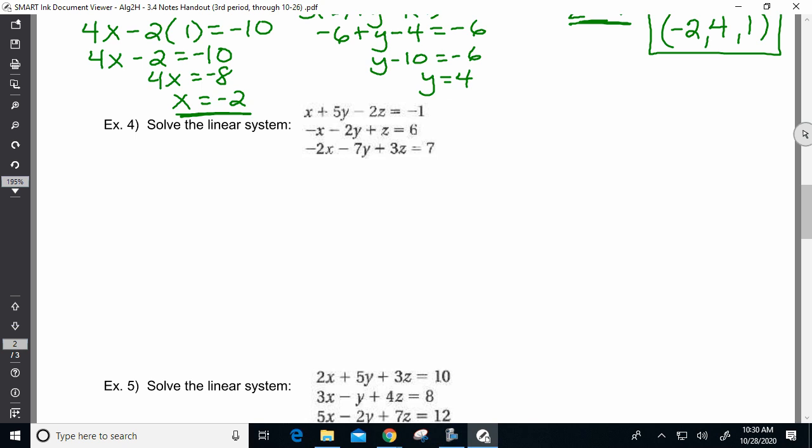So with example number 4, we've got x plus 5y minus 2z equals negative 1. Negative x minus 2y plus z equals 6. And negative 2x plus 7y plus 3z equals 7.